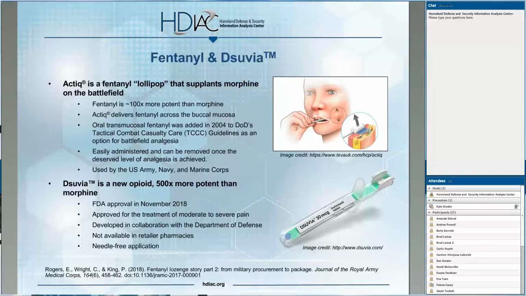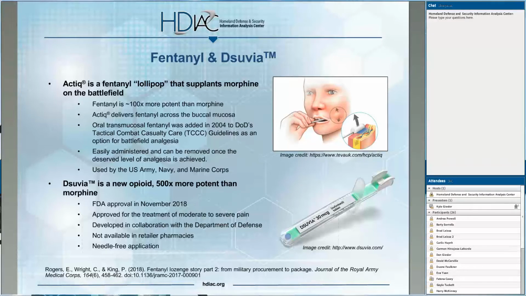This is a buccal mucosa delivery strategy, where the lozenge is applied directly into the mouth, and absorption occurs through the intricate vascularization of the cheek muscle, which allows access into the bloodstream, bypasses first-pass metabolism to provide relatively fast analgesia. And fentanyl was approved in 2004 and added to the Tactical Combat Casualty Care Guidelines as an option for battlefield analgesia. And this particular lozenge is easy to administer.